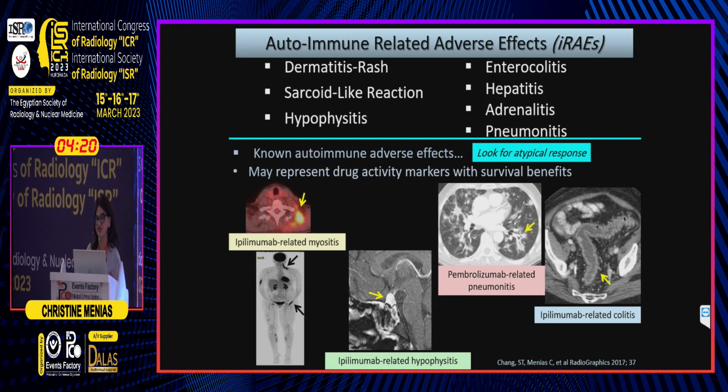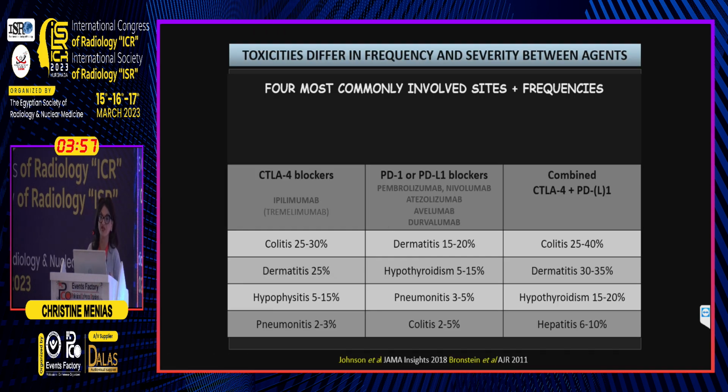It's a whole list of adverse effects related to immunotherapy. They have a big reaction, a rash. There's a sarcoid reaction with lymph nodes, myositis, myopathy, and diarrhea, and of course, we know the organizing pneumonia at the lung bases. It is something that represents that there is survival benefit in these patients.